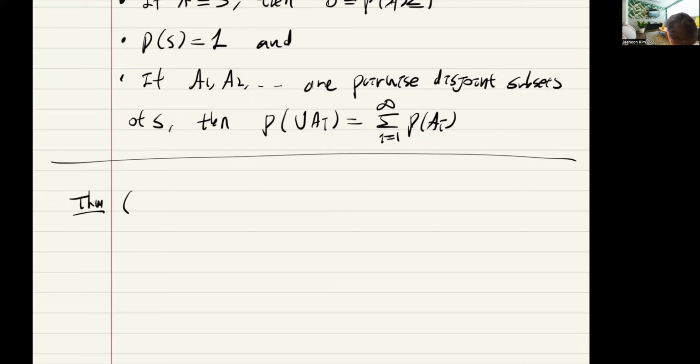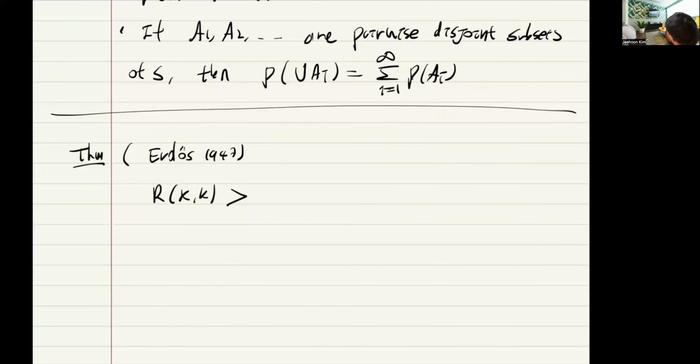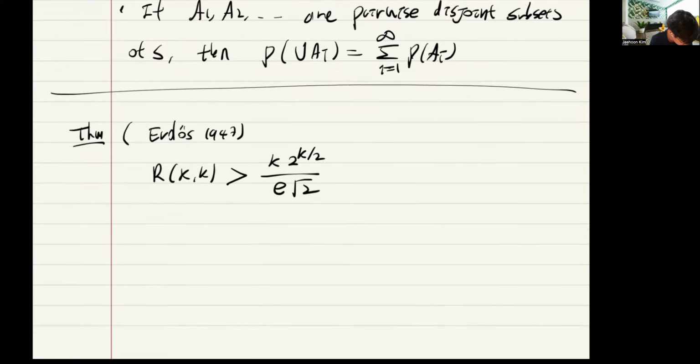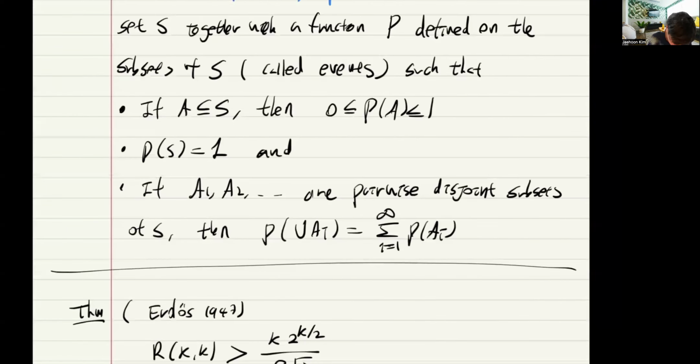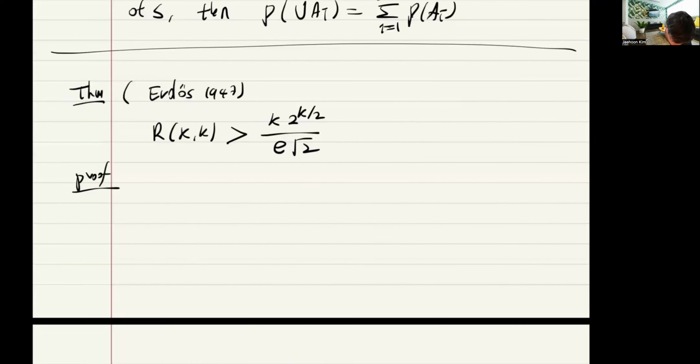In 1947, Erdős showed that the diagonal Ramsey number R(k,k) is bigger than k times 2 to the k over 2, divided by e times square root of 2. And how did he prove it? He considered a discrete probability space, where each element is a red-blue coloring of the edges of K_n.